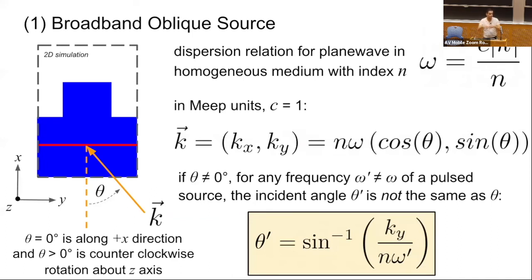Because the resolution was too low or the PML was too thin, or I misplaced my monitor or something. So this should be the first thing you do before you go on to more complicated calculations. Okay, this is kind of an important message for this tutorial.